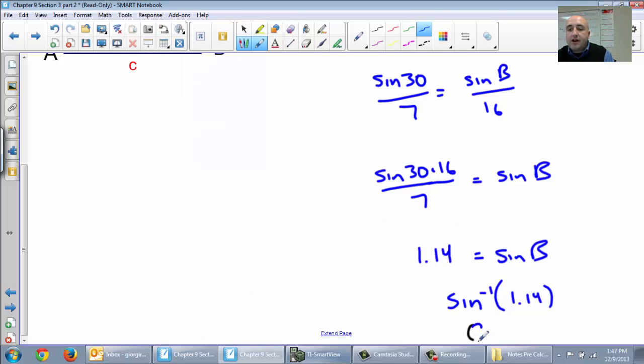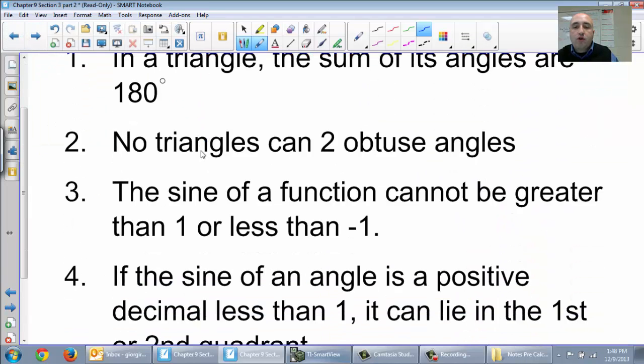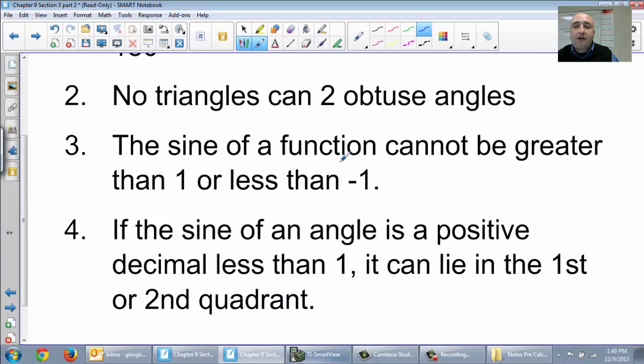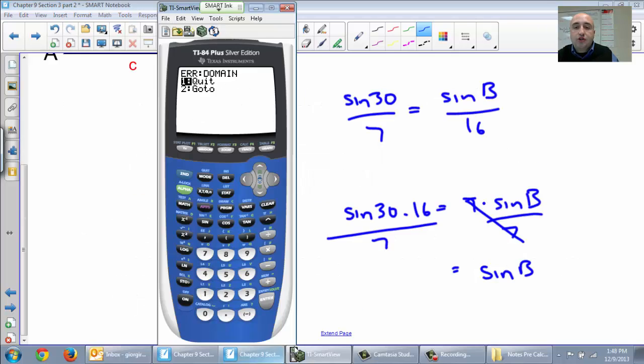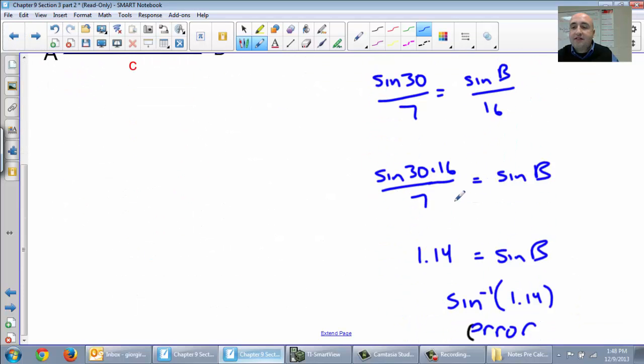Now the problem is, what does that error mean? Let's go back to our steps here. The sine function cannot be greater than 1 or less than negative 1. So what did this example give us? It said that the sine was equal to 1.14. Well, isn't that bigger than 1?